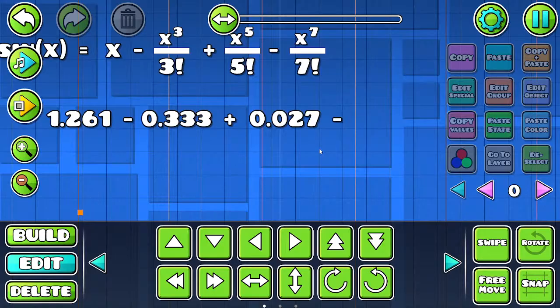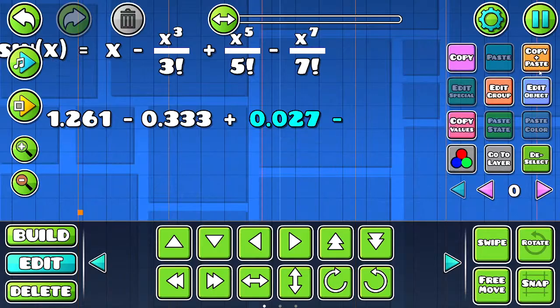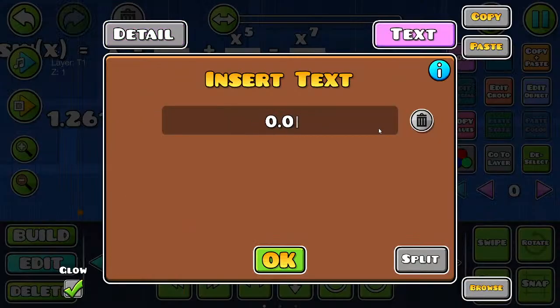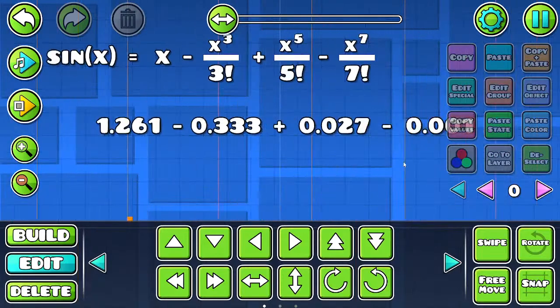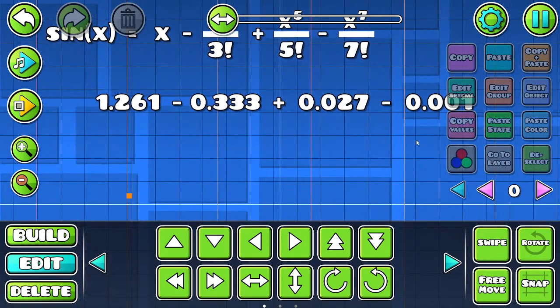And then raise it to the 7th is about 1,000. I'm using a calculator for these. I definitely cannot do this in my head. Like, no way.